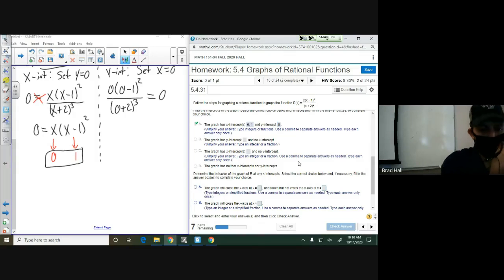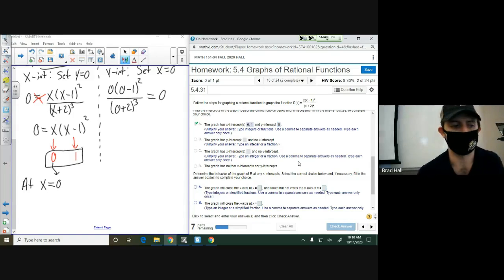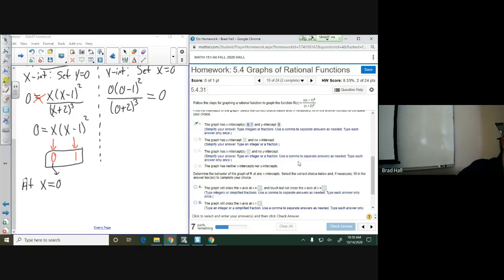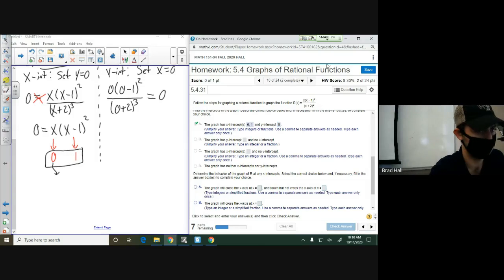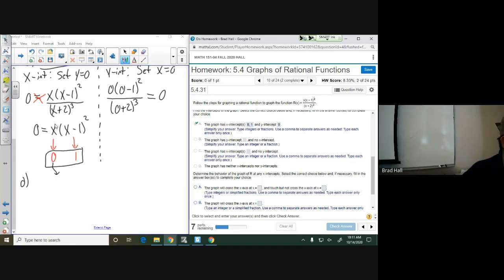So we're on part E. This is behavior near x-intercepts.